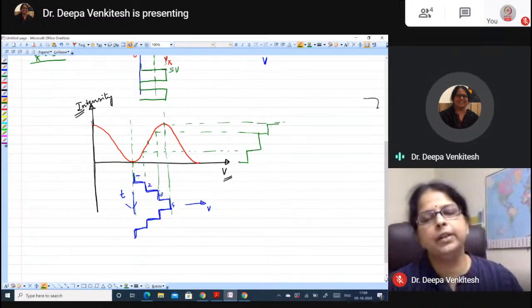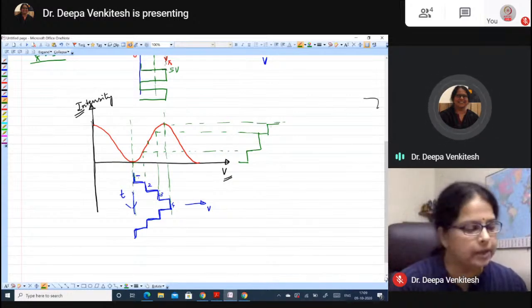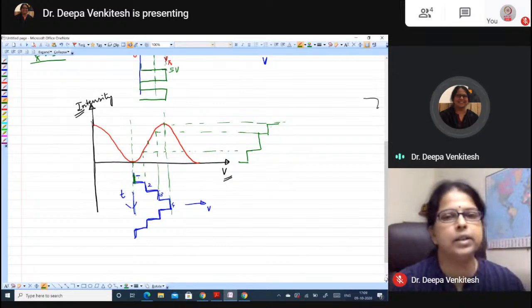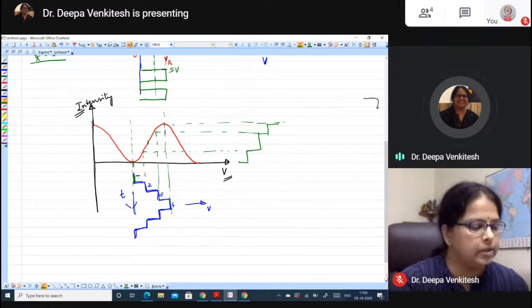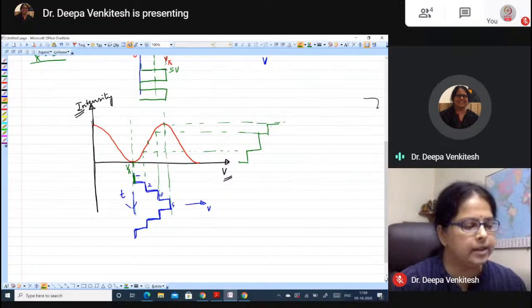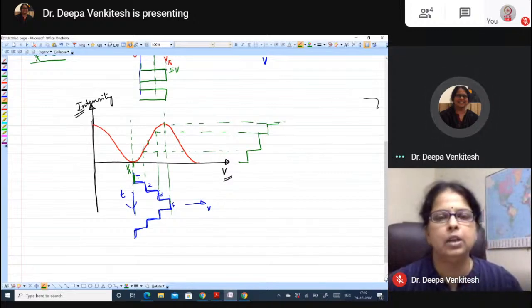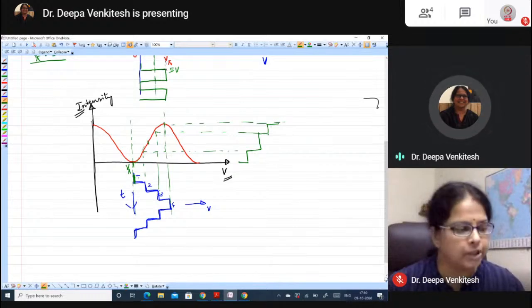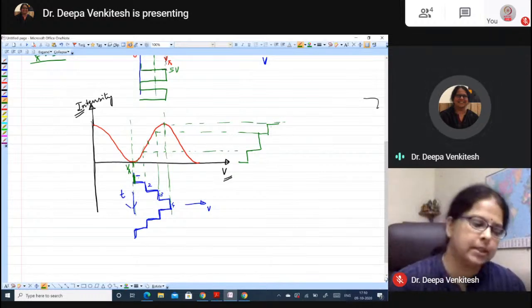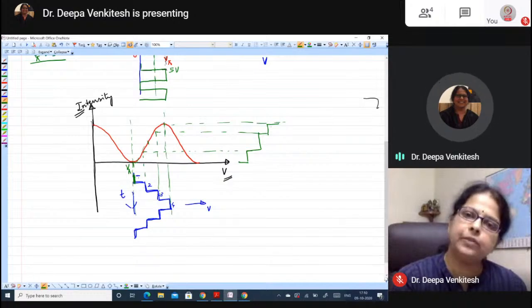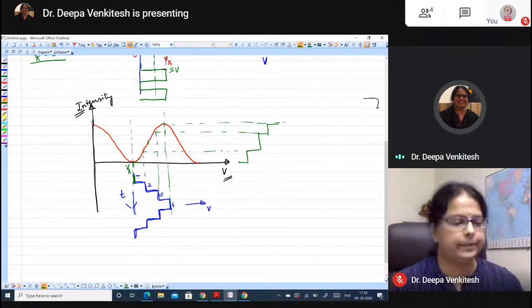So there's no question of interference, because at a given instant of time, you're giving only one voltage. I decided to choose my bias point here in the rising edge of this transfer curve so that there is no inversion.